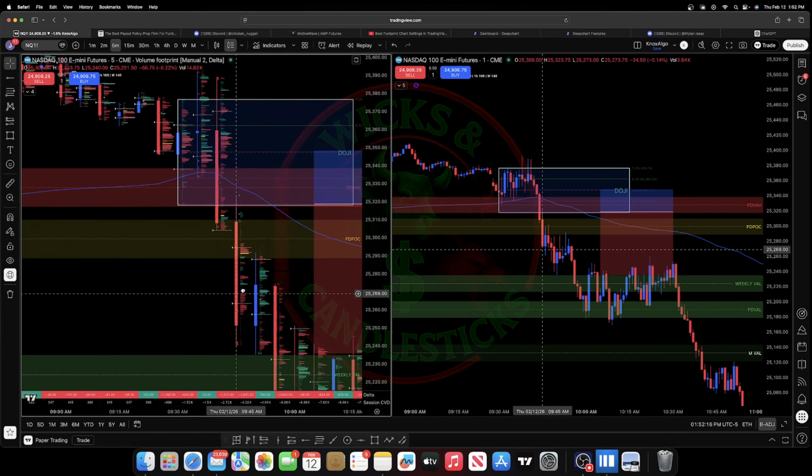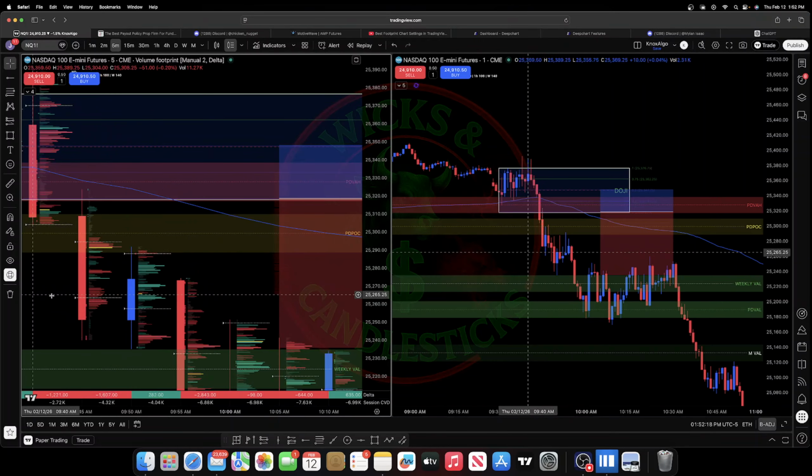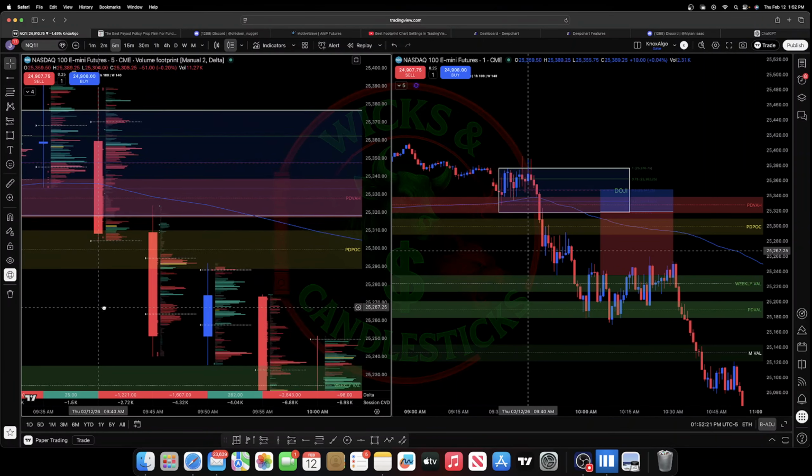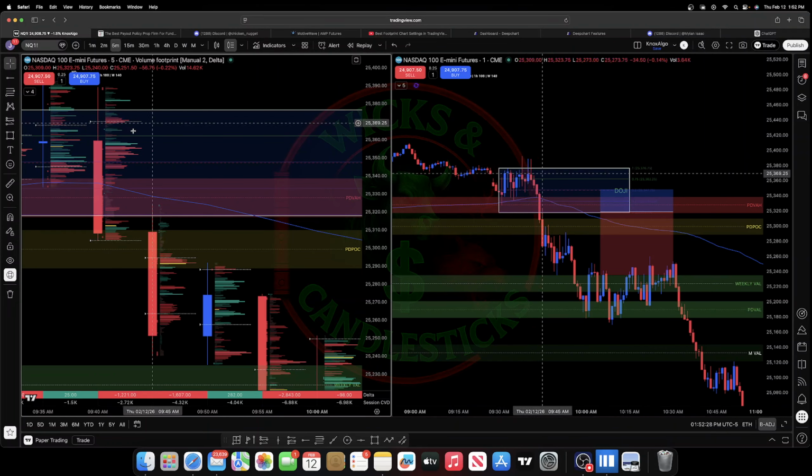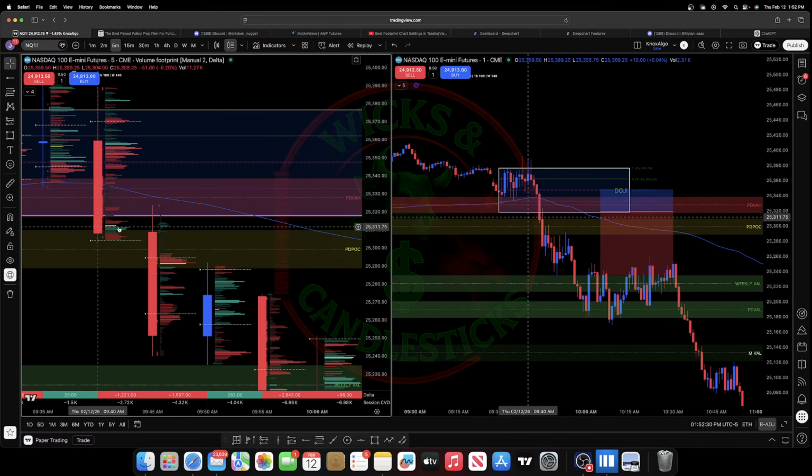So now here's where it gets very interesting, guys. If you look right here at this candle, we have a value area high and we have the point of control right there on this candle. And we have the value area low.